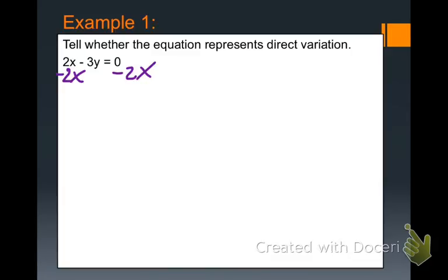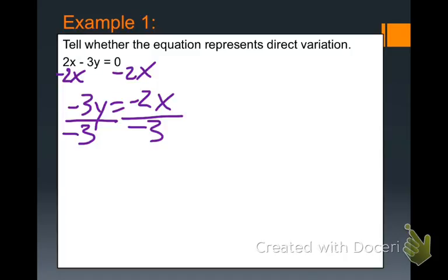I'm left with negative 3y equals negative 2x, and that negative doesn't go away just because the 2x moved. Then to get y by itself, I need to divide by negative 3 because it's being multiplied by y. Whatever I do to one side, I have to do the other. So y equals, a negative divided by a negative is a positive, 2/3 x, or 2x over 3.